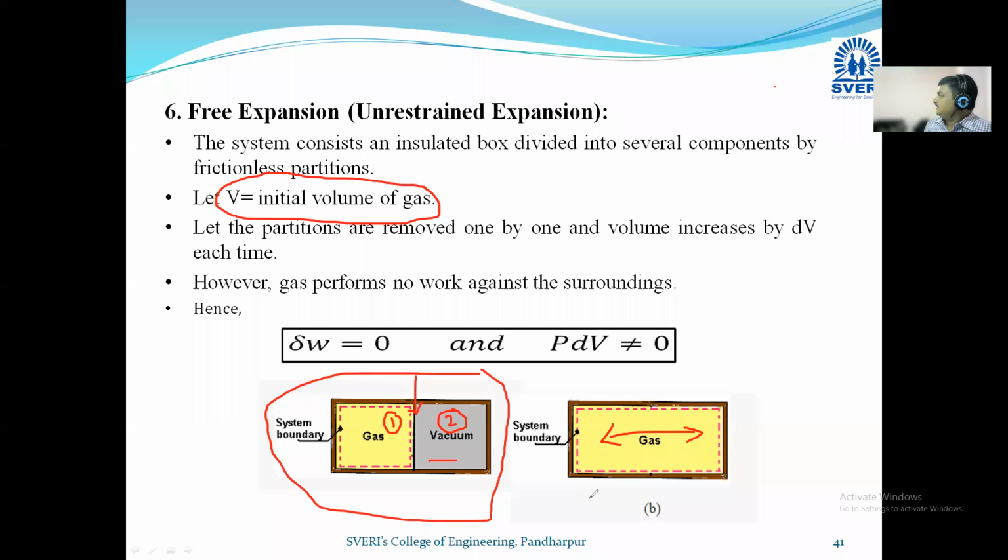But though that gas is displacing, it is not transferring anything to the surrounding. गॅस काय करतोय? त्या बॉक्सच्या आतमध्येच जे काय आहे तो एक्सपांड होतो. Whether it is transferring any energy to the outside? एनर्जी कुठली ट्रान्सफर होती का आउटसाइडला? नो एनर्जी इज ट्रान्सफर्ड टू दिस सराउंडिंग and that's why the delta W is equal to 0 in this case.